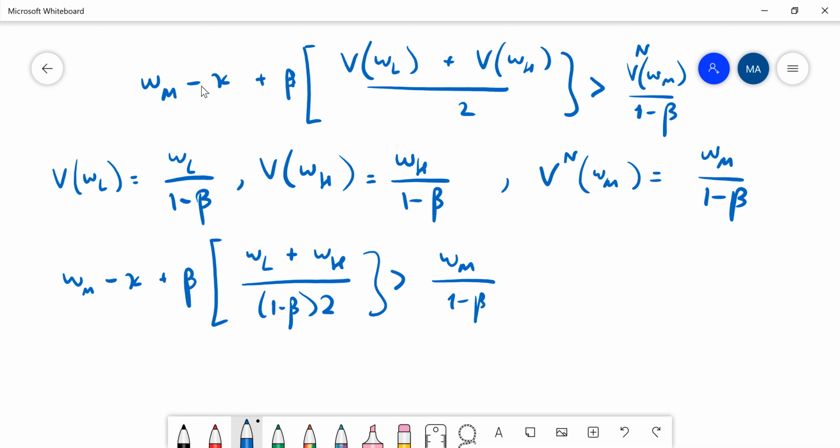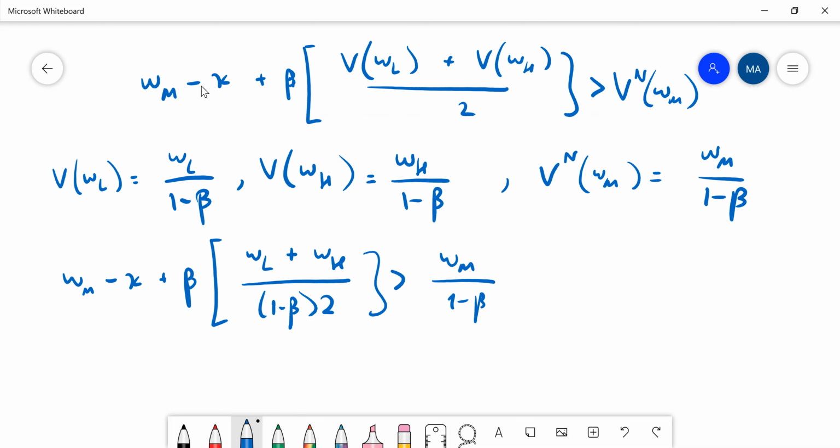Okay, is that correct? So there's no 1 minus beta here. That's also a mistake. So this will be simply V no search Wm.